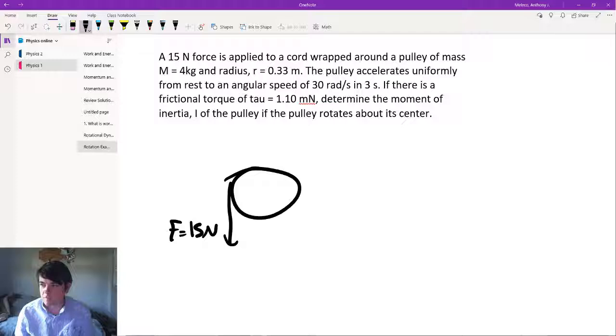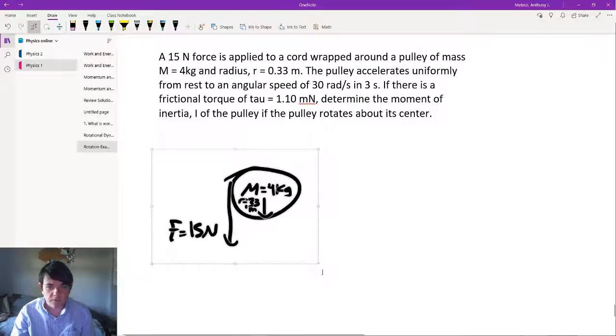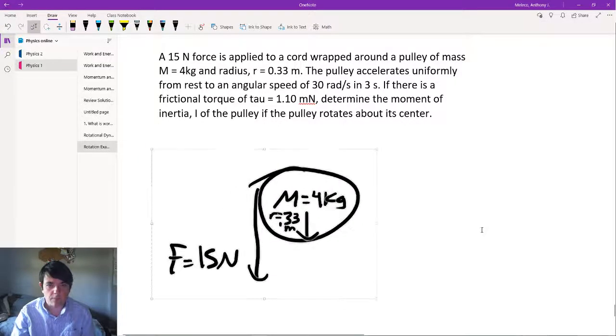The pulley has a mass of 4 kilograms and a radius of 0.33 meters. Kind of hard to read there. Let me see if I can blow this up. There we go.